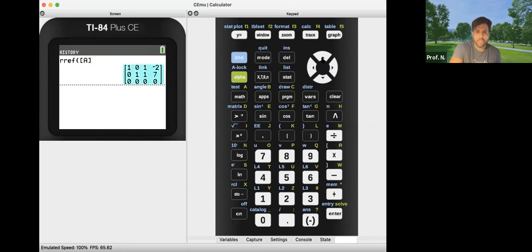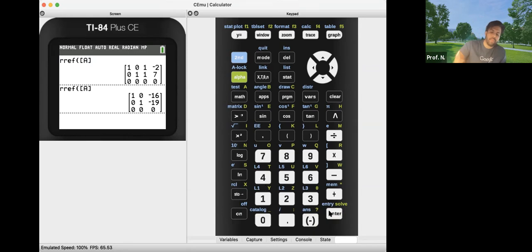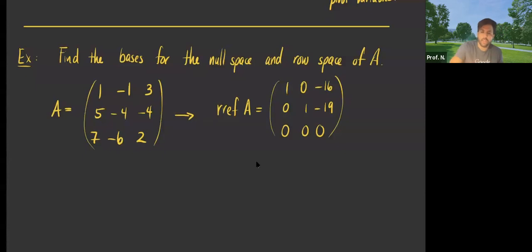I'm going to take the row reduced echelon form of my matrix A. Look what I get. The row reduced echelon form of A is 1, 0, -16, 0, 1, -19, and I get 0, 0, 0. So, like I said, once you find a row reduced echelon form of a matrix, you know a lot about the nature of that system that it's referencing.